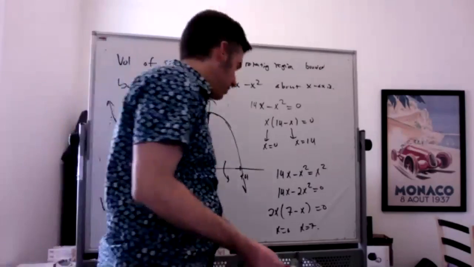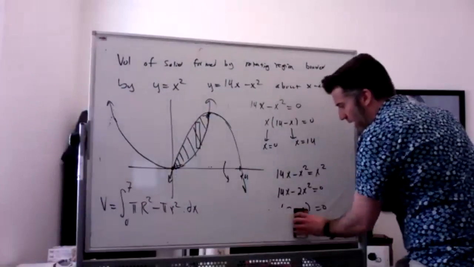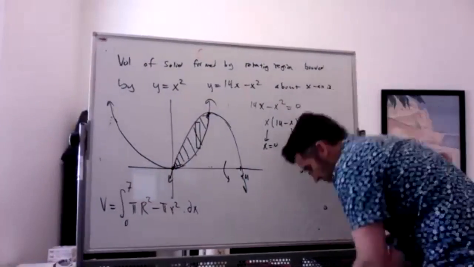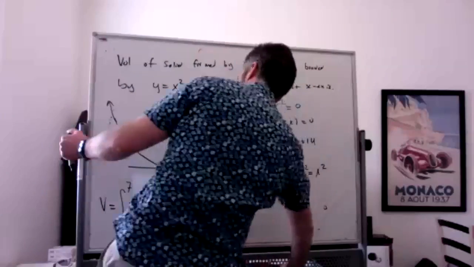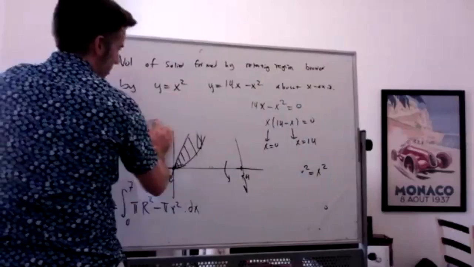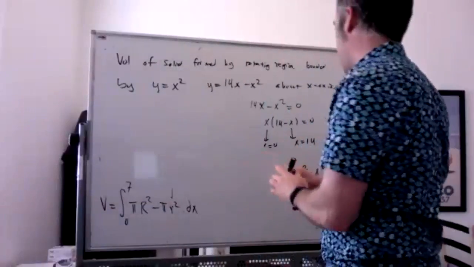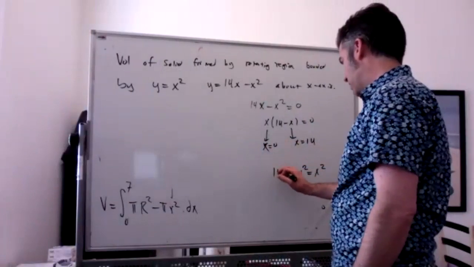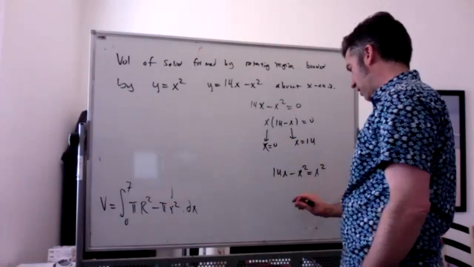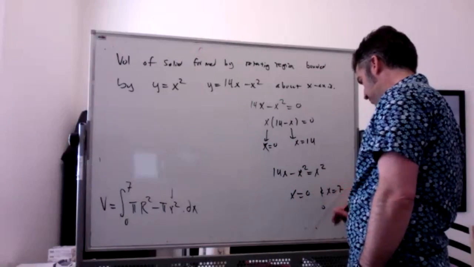The only thing left to do is to figure out which function is bigger. Now let's say we hadn't drawn it. In fact, I'm going to erase my picture. We didn't draw it, but we figured out where they intersected, which I just erased. We set 14x minus x squared equal to x squared, and we ended up getting x equal to 0 and x equal to 7.